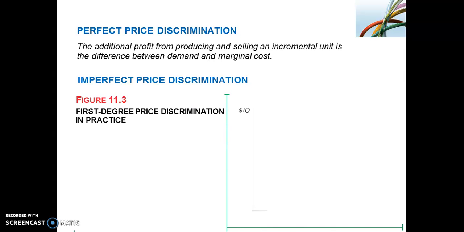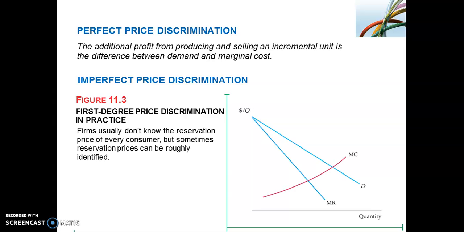So figure 11.3 is going to demonstrate imperfect price discrimination. For instance, a few different prices can be charged to consumers based on estimates of their willingness to pay. So a few different prices, not a scenario where each and every single customer is charged a different price. Now, there are lots of examples where this may occur. If you think about it, you may have a local doctor that may charge the patients differently. For instance, I may have medical aid and I get charged medical aid rates.